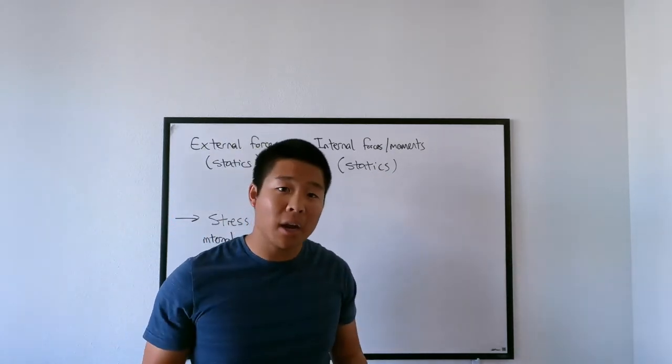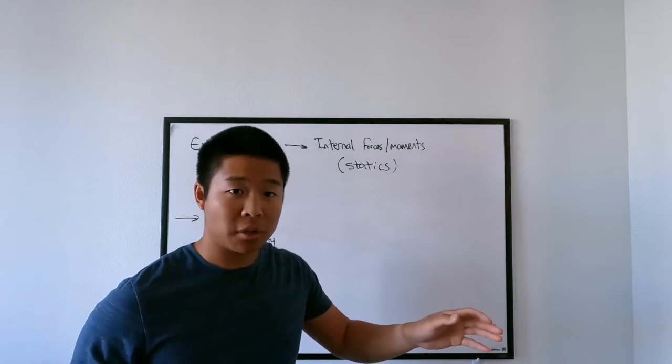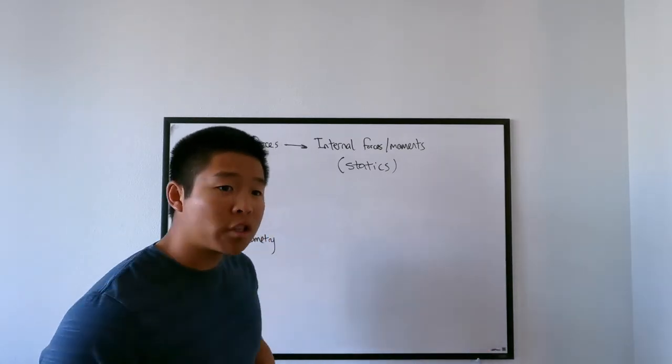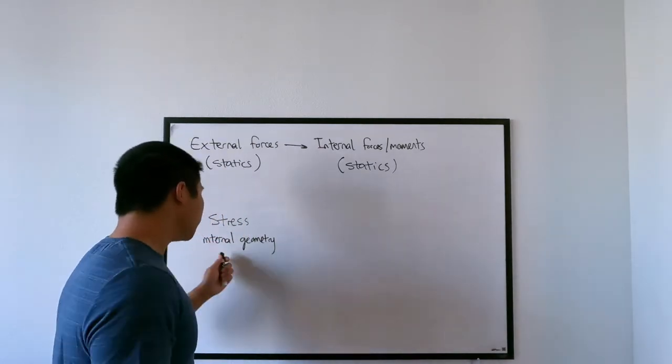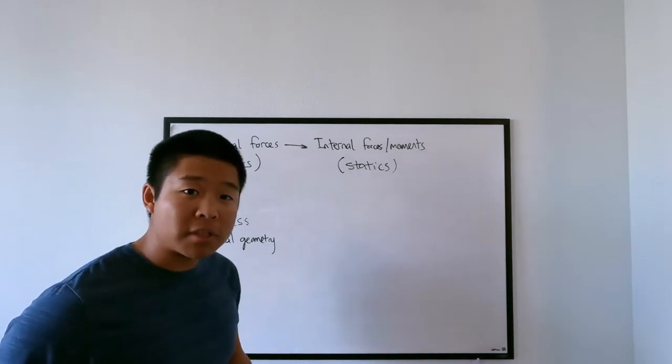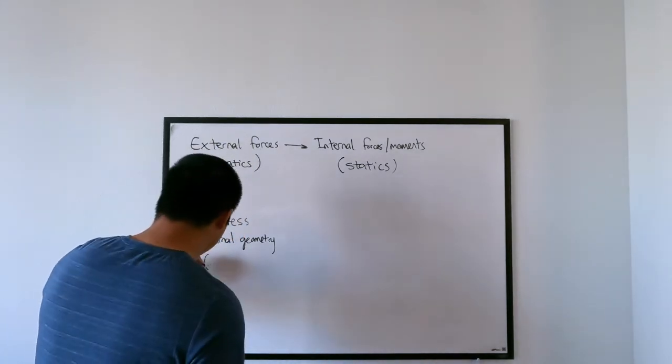We did not care about what the cross-section looked like. All we cared about was the forces that were going on inside. Once we're looking to analyze stress, we suddenly care about the internal geometry, and that is going to be one of the first things that we talk about in deforms. That's going to be a deforms topic.